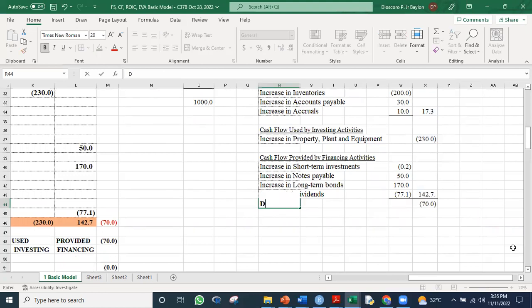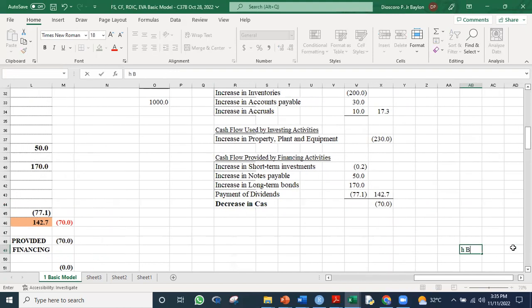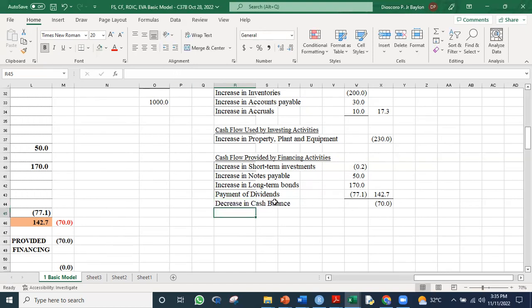So this is our decrease in cash balance. So this was the decrease, right? So we were able to account for the decrease in our cash.